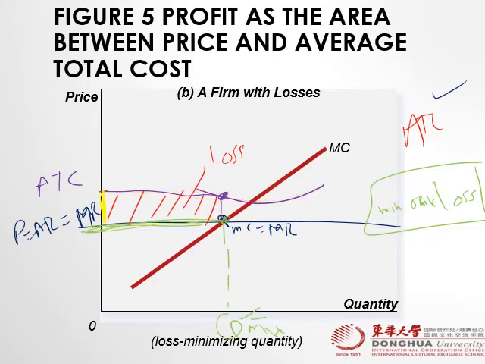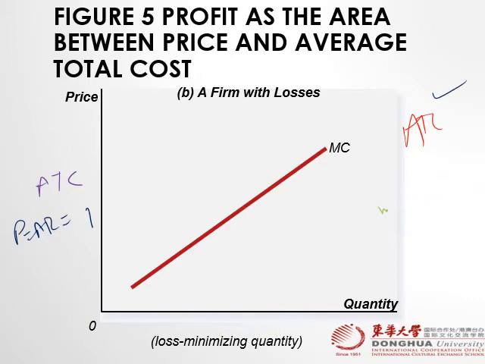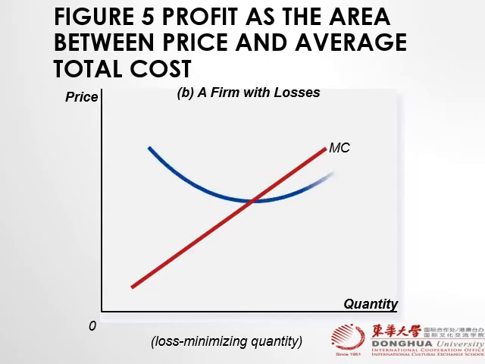Let me just remove this, and then we see here in the very nice diagram where the loss is. Okay, here we go. So this is marginal cost, and marginal cost crosses the average total cost at its minimum. If the price is less than our average total cost, how do we find the max quantity?